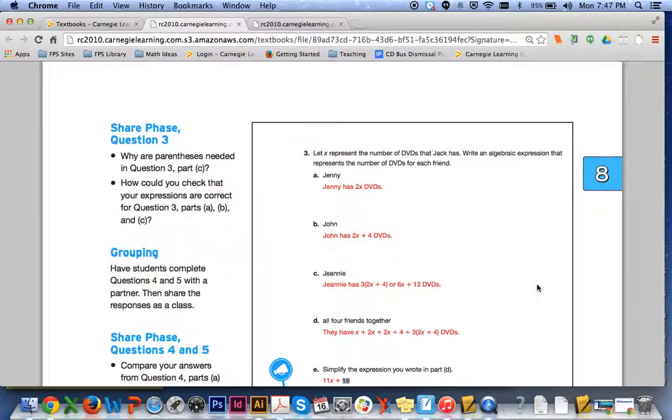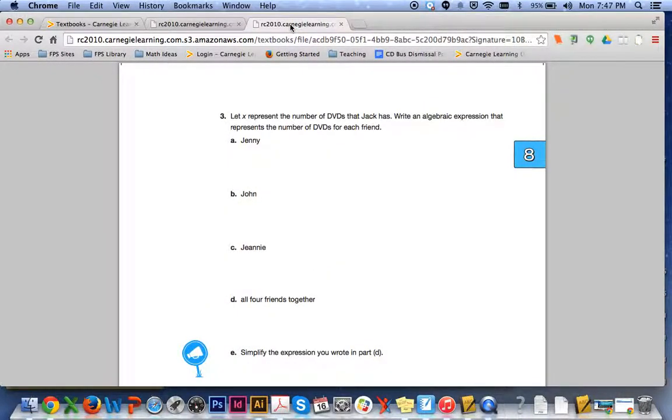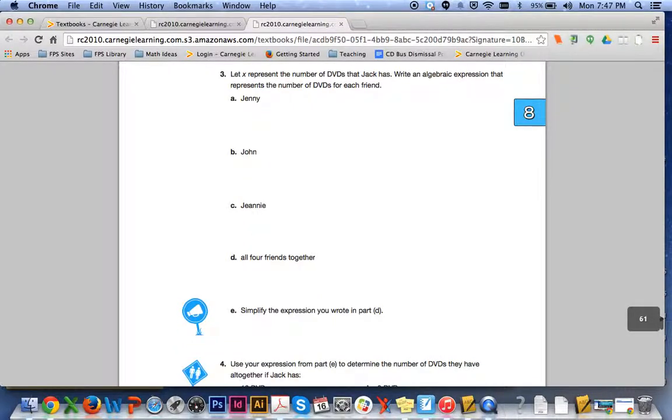So your simplified expression for part E would be 11x plus 16. Make sure you get that down in your book if you need to make changes before we move on.